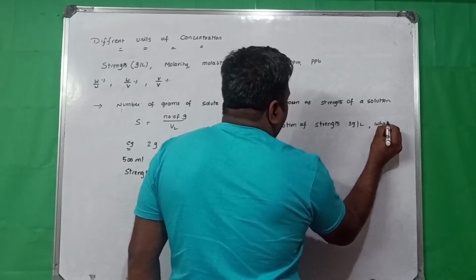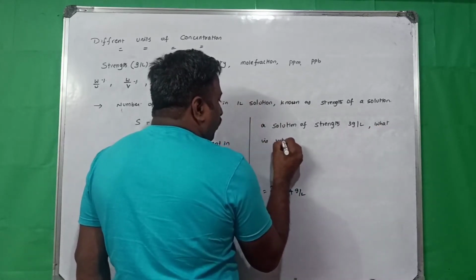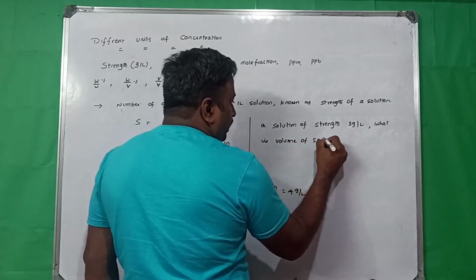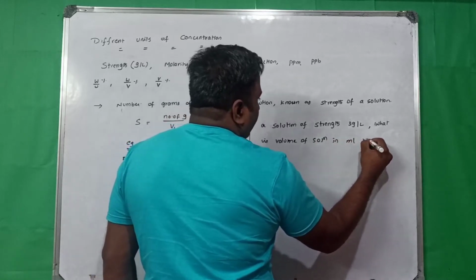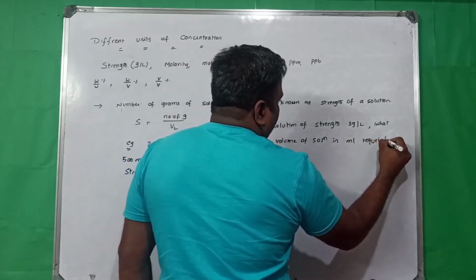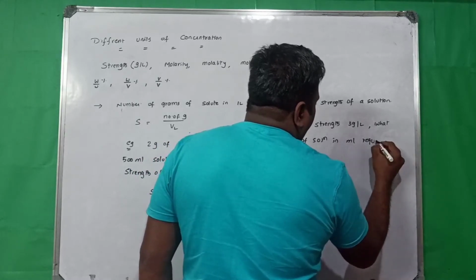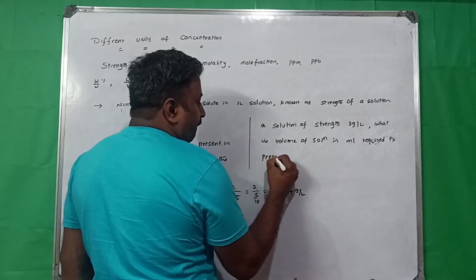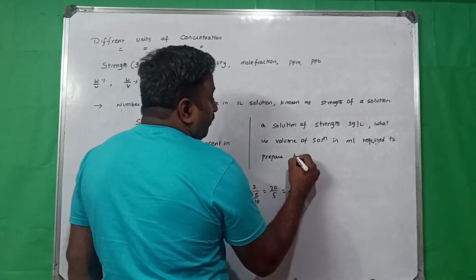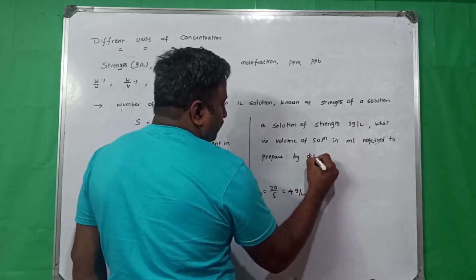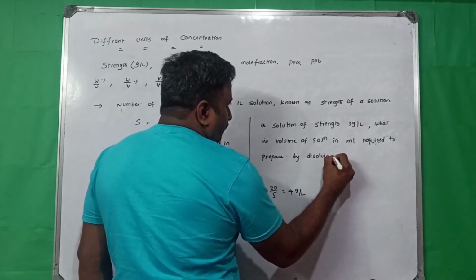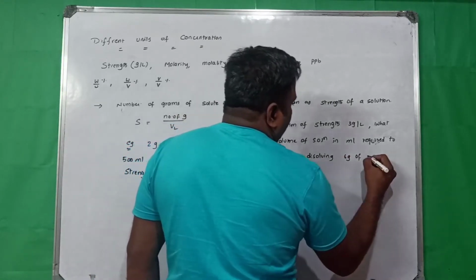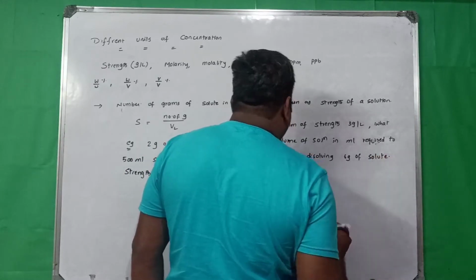What is the volume of solution in ml required to prepare it by dissolving 6 grams of solute?